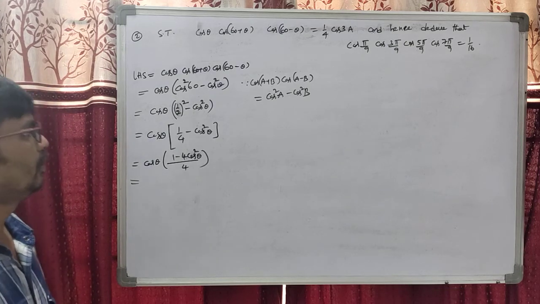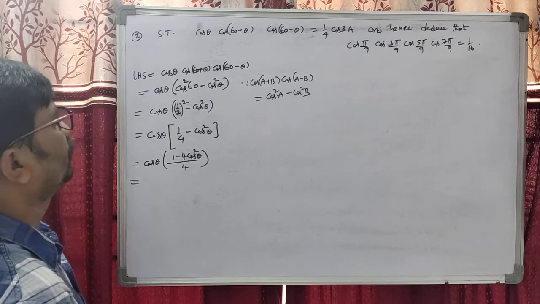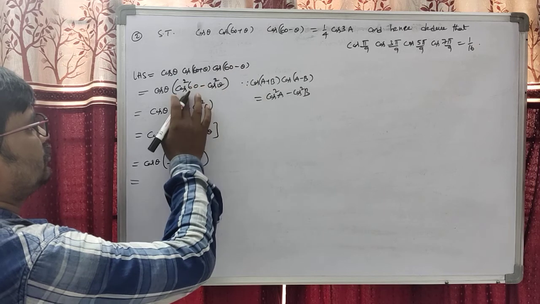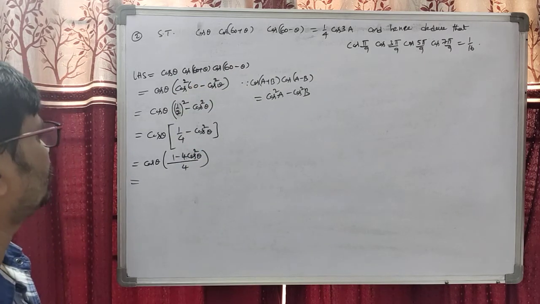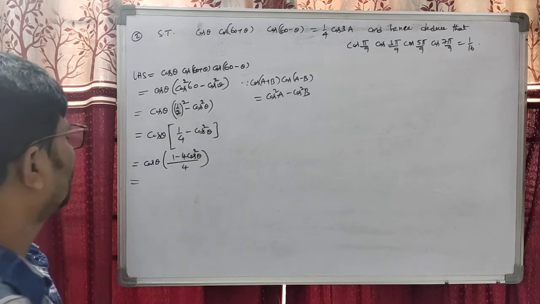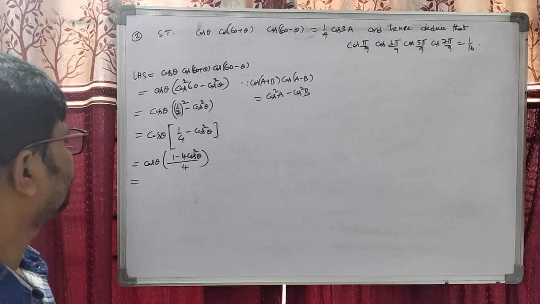So first, my dear students, cos A plus B into cos A minus B is cos square A minus cos square B. So cos 60 degrees is 1 by 2. That is 1 by 4.